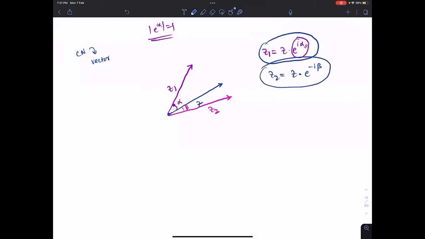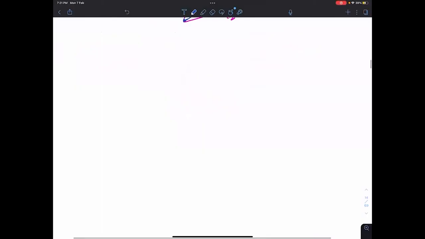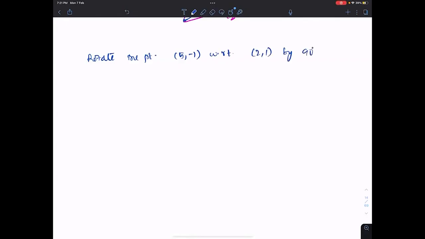Fine. Now, how do we use the rotation? For example, there is a question: rotate in 2D. Rotate the point, let's say (5, minus 1), with respect to (2, 1) by 90 degrees.